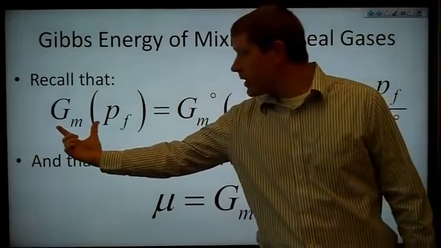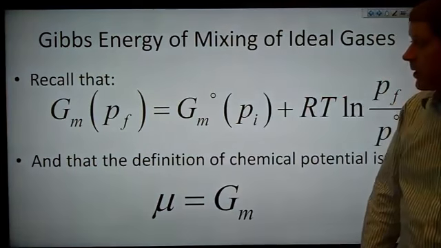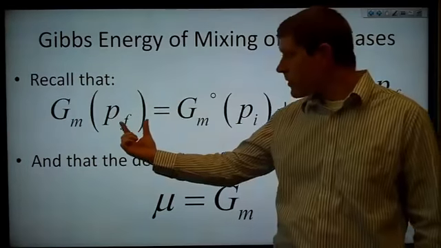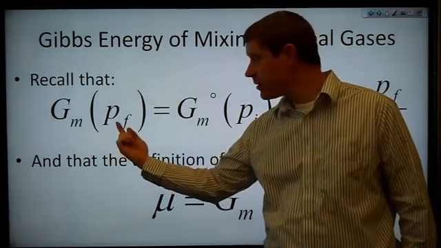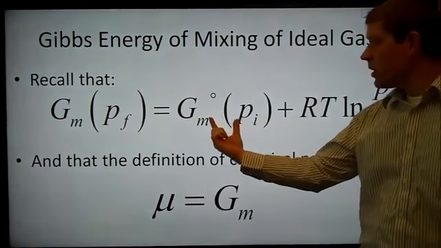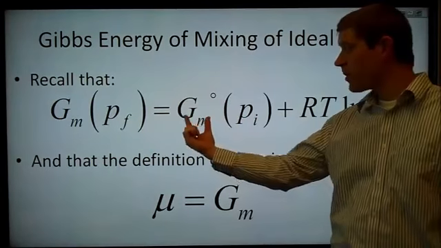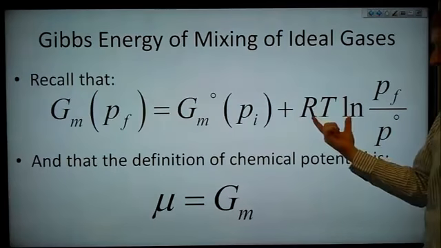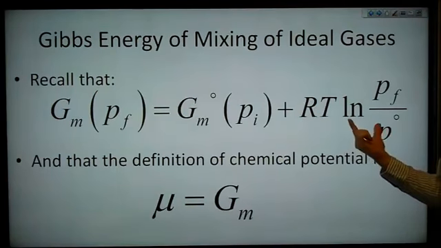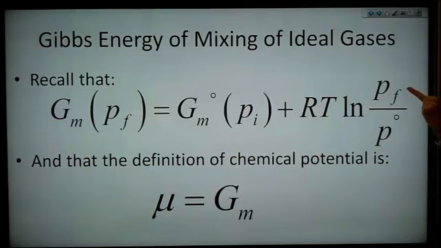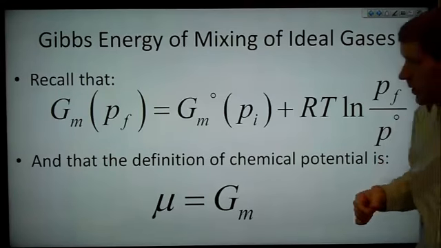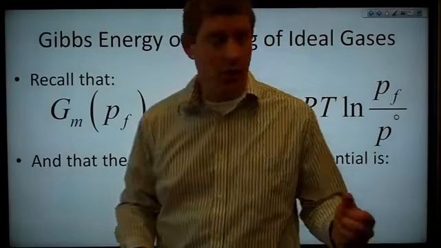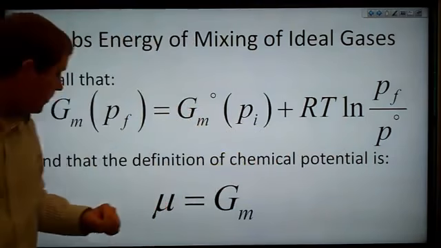So recall that the molar Gibbs energy at some final pressure, P_F, is equal to the standard molar Gibbs energy at our initial pressure plus RT times the natural log of the ratio of the final pressure to the initial pressure, the standard P naught.